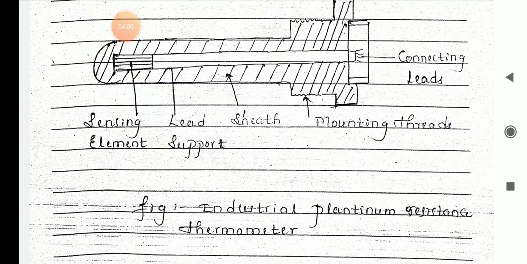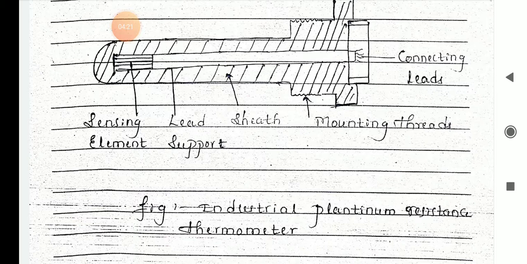First, in construction and working, the figure shows the construction of a platinum resistance thermometer. In it, platinum material is used as the sensing element, as you observe in the diagram.